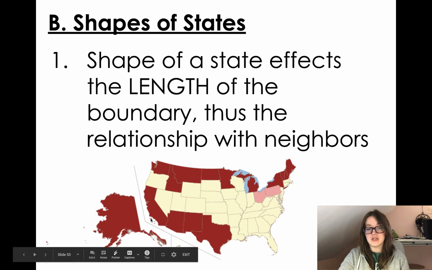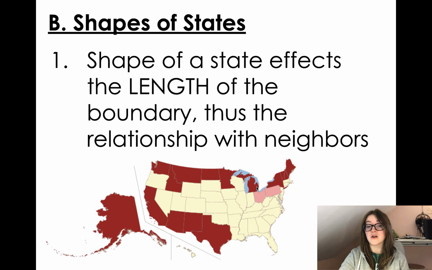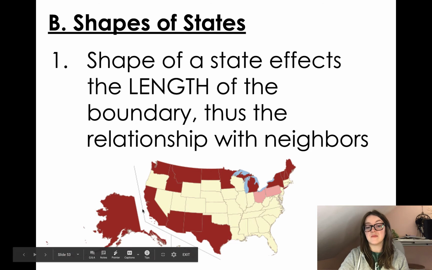So we have a very long boundary with Mexico. That affects our relationship. We have a very long and even longer boundary with Canada. That's going to affect our relationship there as well. So it should theoretically mean that we have good relationships with both of those countries, because sharing this big long boundary otherwise is going to be kind of tough.